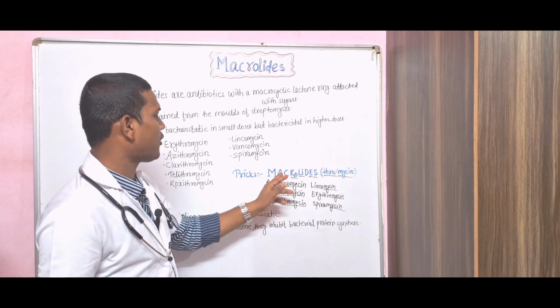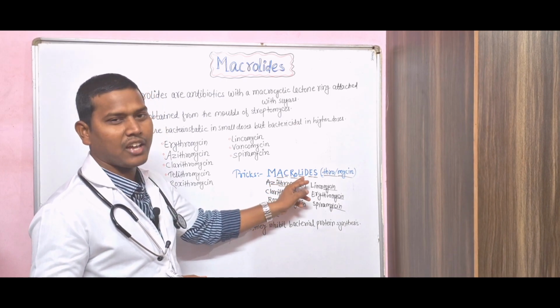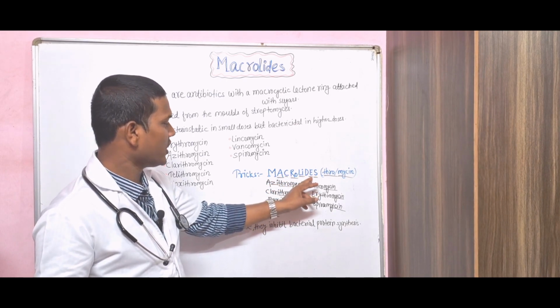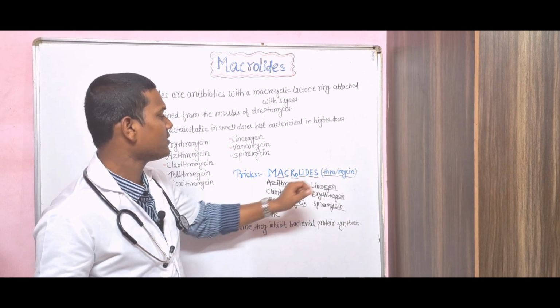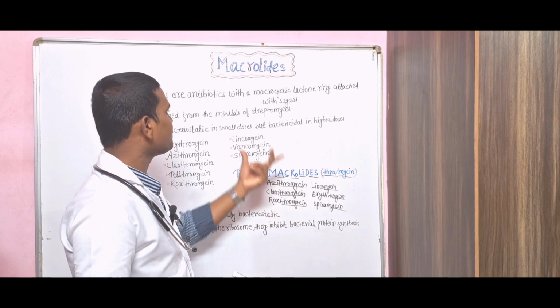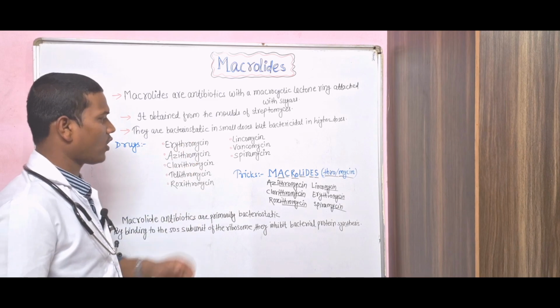M for macrolides, A for azithromycin, C for clarithromycin, R for roxithromycin, Li for lincomycin, E for erythromycin, S for spiramycin. So these are the antibiotics which belong to the macrolides.